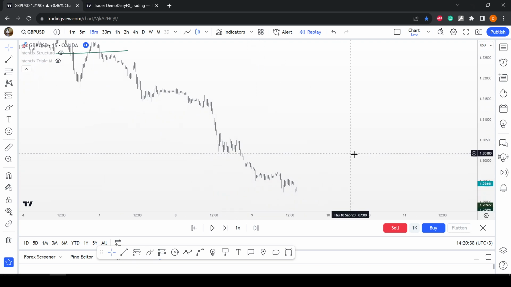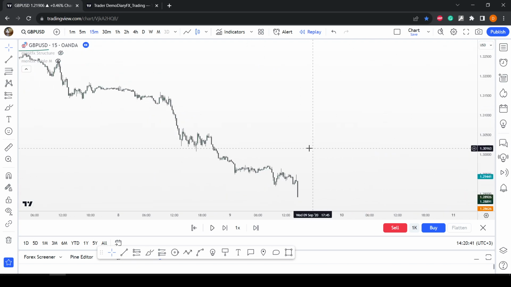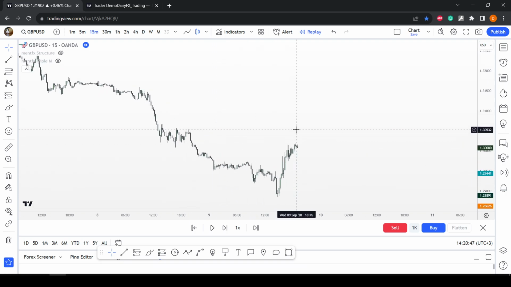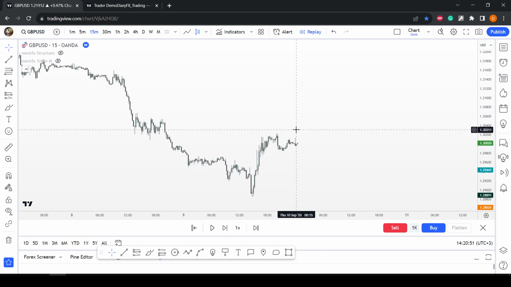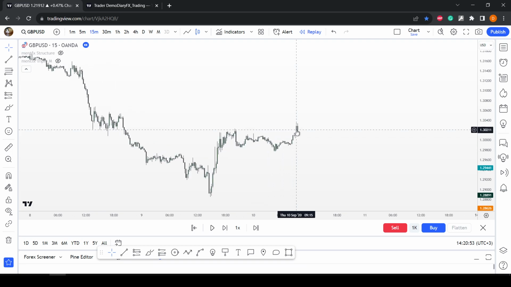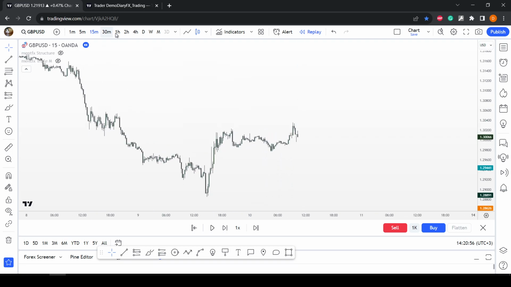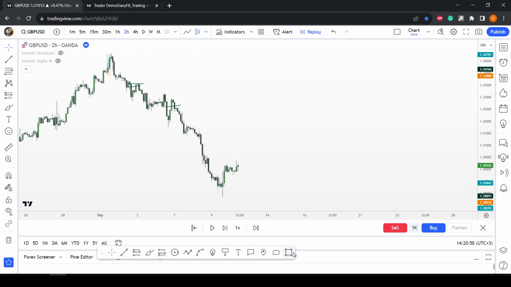And it works. Son of a bitch. It actually works. Impulse, correction, impulse. Okay, now we have at least some kind of redistribution. This is Asia time. This is London. That's crazy.